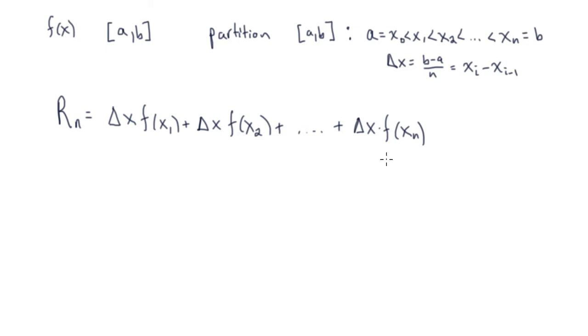So there's a way that we can actually suppress this sort of long sum. So we're adding up a bunch of numbers here. We can write it in kind of a compact way. So we can say that this is equal to this. Now this fancy symbol here is the Greek letter sigma.